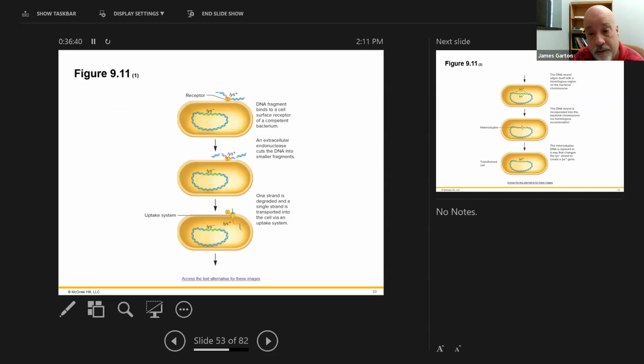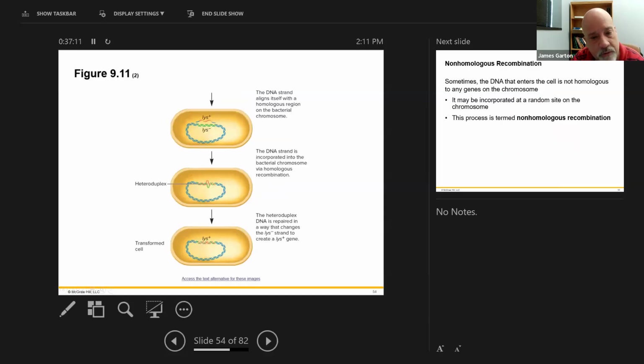But anyway, there's a receptor on the bacterial cell. A big piece of DNA binds to it, and it's chopped into bits. One strand is brought in. Lysine minus and lysine plus: same gene, two different alleles. And so they're very, very similar in sequence.